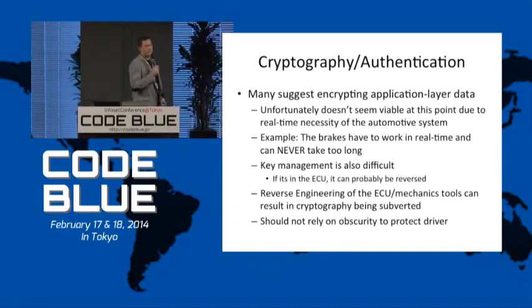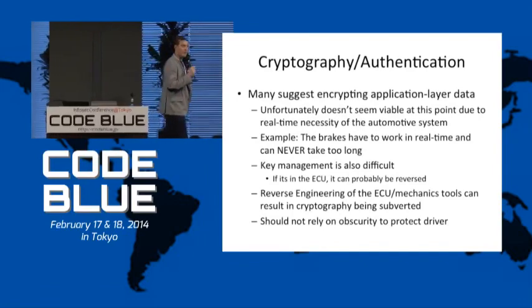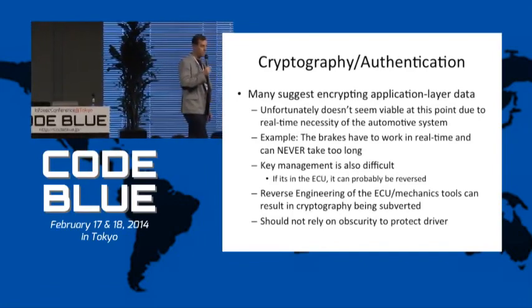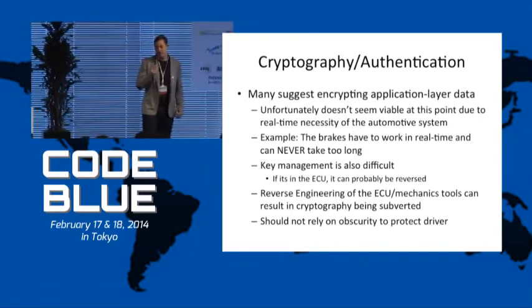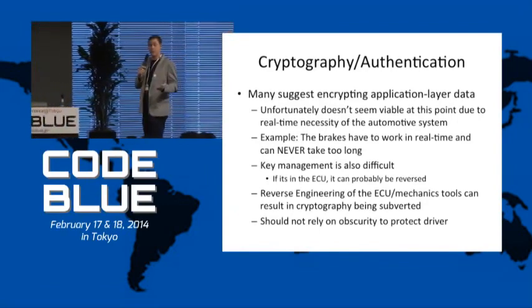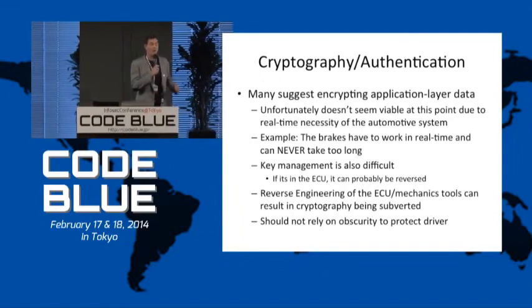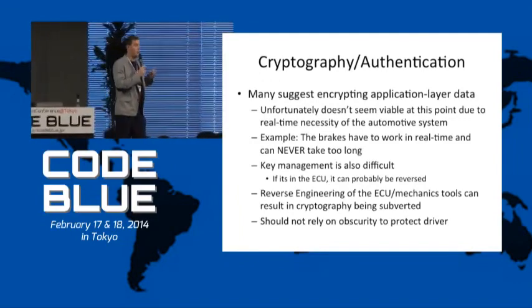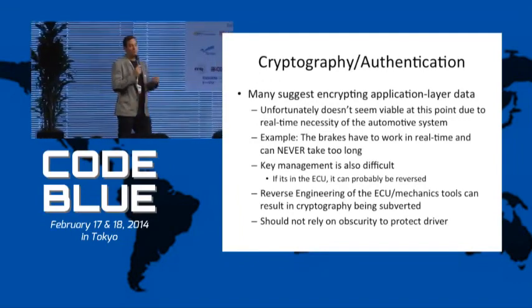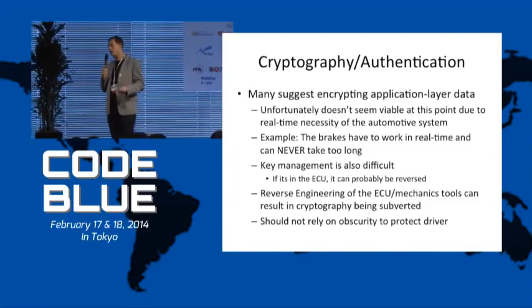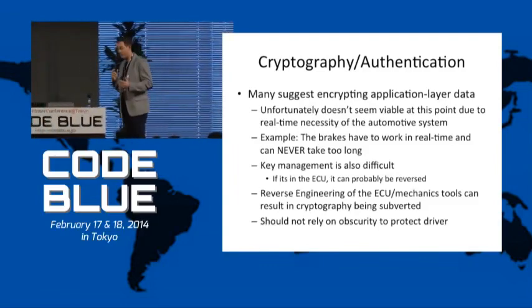If your access to Gmail is a bit slower because you're using SSL instead of clear text, not really a big deal. At the same time, you wouldn't want a delayed airbag deployment. You wouldn't want a delayed response when braking. You wouldn't want a delayed response when letting go of the acceleration pedal.